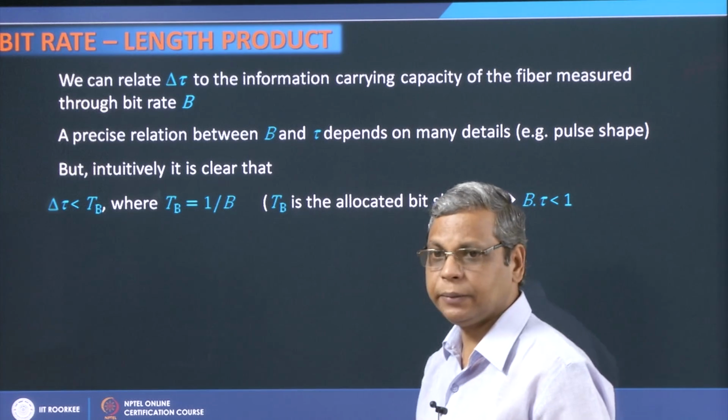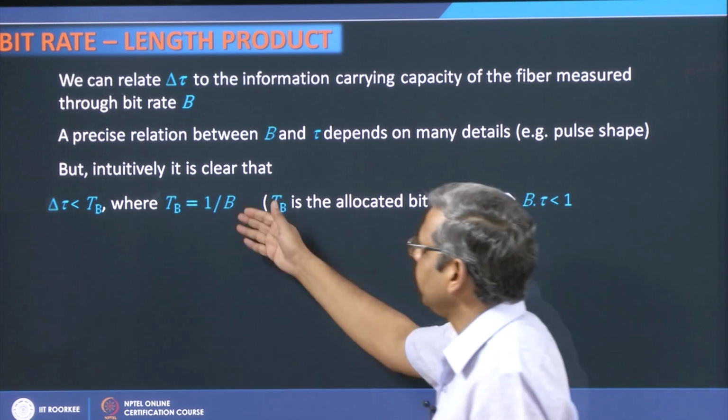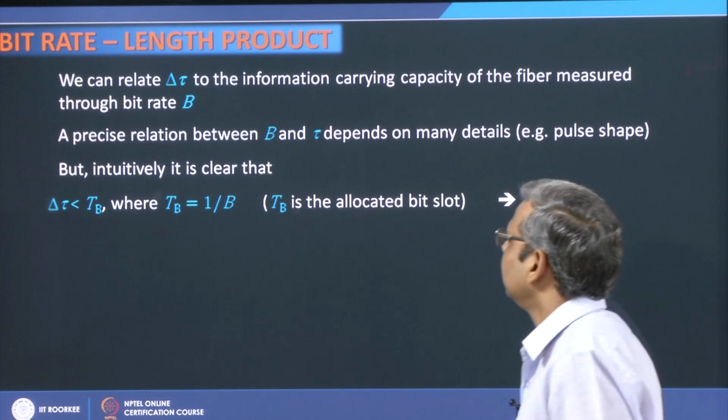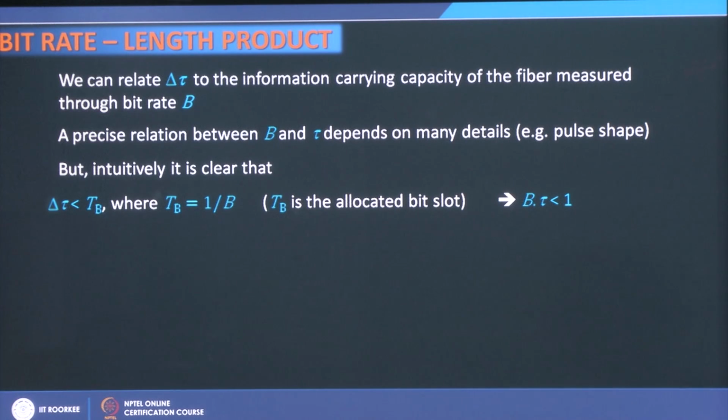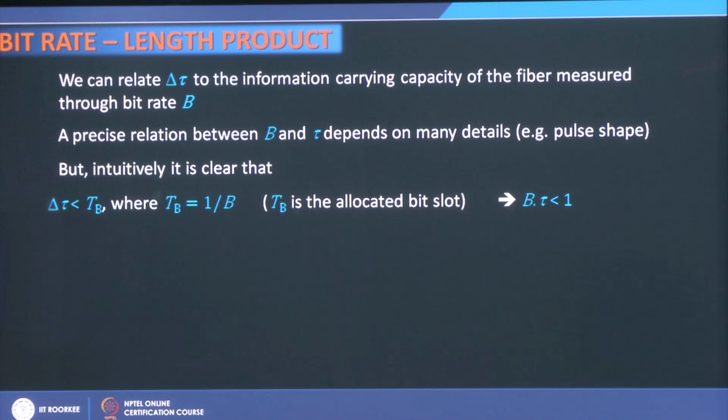What is TB? TB is the allocated bit slot, which is nothing but 1 over B. If B is the bit rate, then TB equal to 1 over B is the allocated bit slot, which means that B times delta tau should be less than 1.